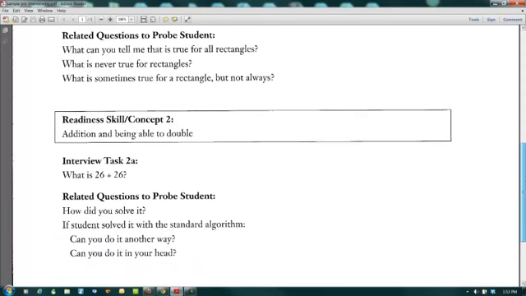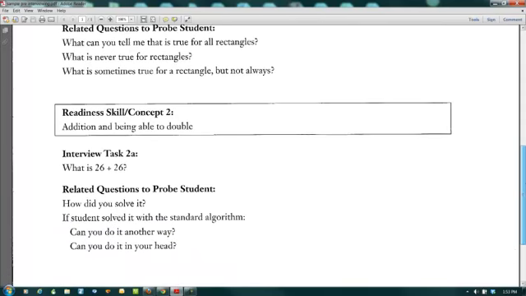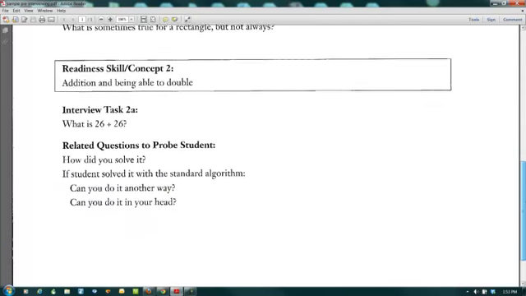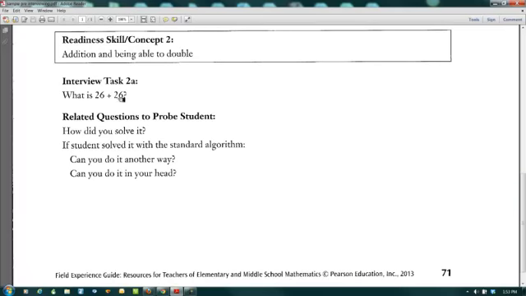All right, and then you also have on this sample sheet, if you're doing something that's more related to finding formulas or calculations, you'll notice that the proverbial how did you solve this, we've been talking a lot about this, is asked. And then this is where we dig a little bit deeper. If the student showed it with a standard algorithm, here's where we come into the, can you do it another way?